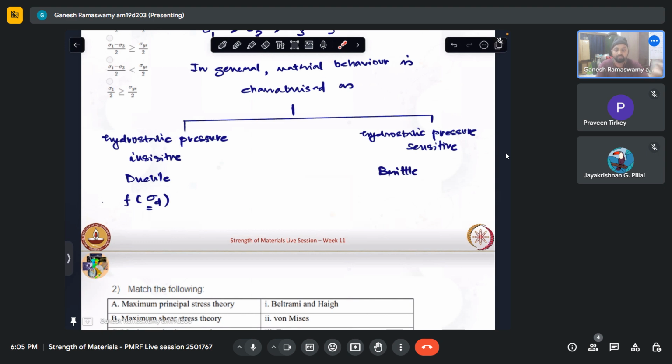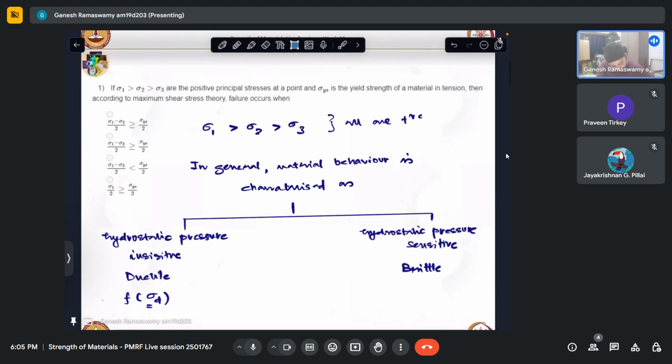For example, chalk or limestone fails in a brittle fashion when the maximum principal stress is exceeded in one of the principal planes. That is where the maximum principal stress theory and other theories like Mohr-Coulomb theory come in, all under the brittle criteria. So that is just a broad introduction of how pressure sensitive and pressure insensitive behaviors are categorized.